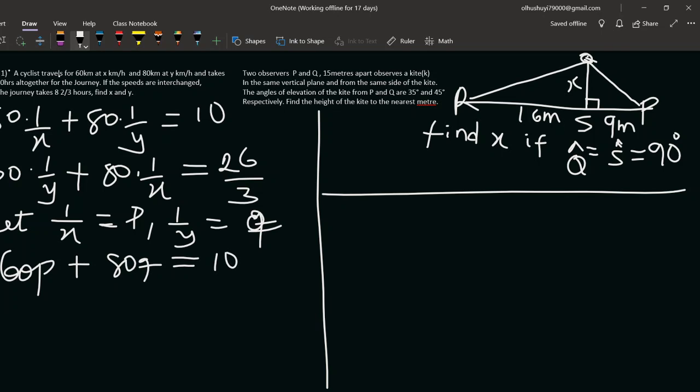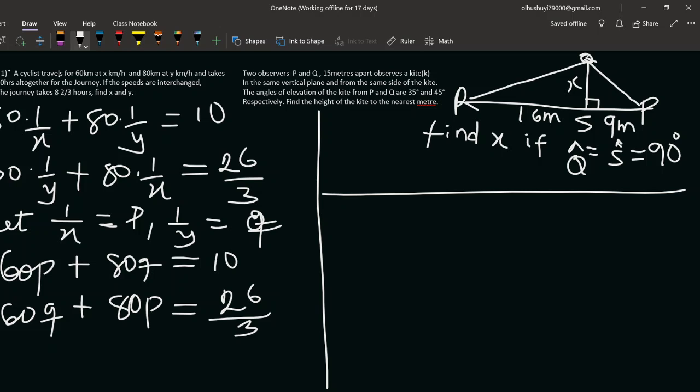And the second one will be 60q plus 80p, and that will be equal to 26 divided by 3. We can multiply by 3 to clear this.